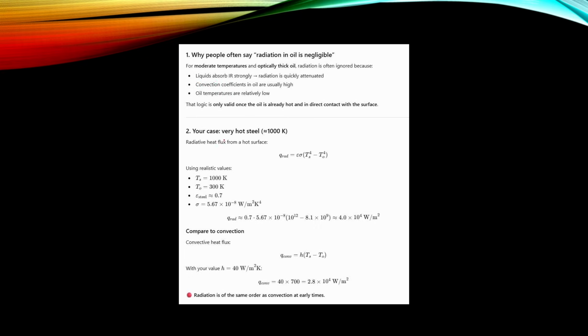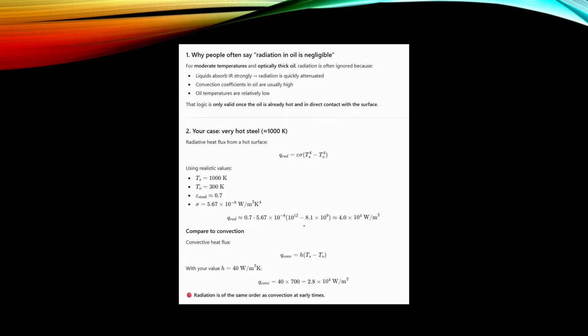But in some cases, when the temperature of those balls is very high, the oil will vaporize around those balls, and that creates a layer of gas around those balls. And in those cases the effect of radiation can be very high.